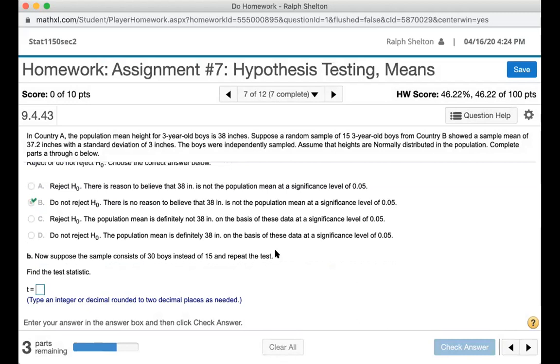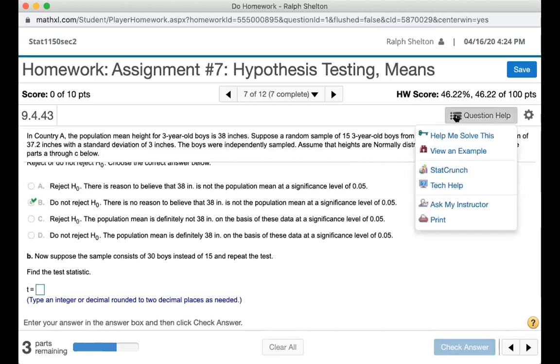All right, so suppose the sample consists of 30 boys instead of 15. Repeat the test, okay? So let's redo our calculation here. Let's use that other stat method here because we'll get T and P the same way. So I'm going to get back into StatCrunch.